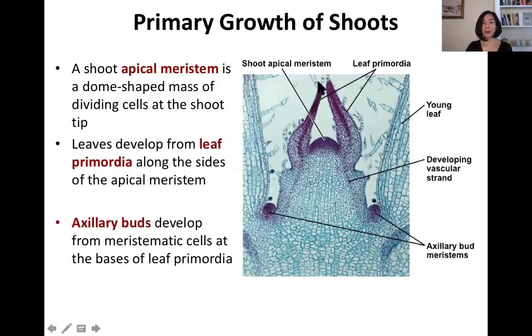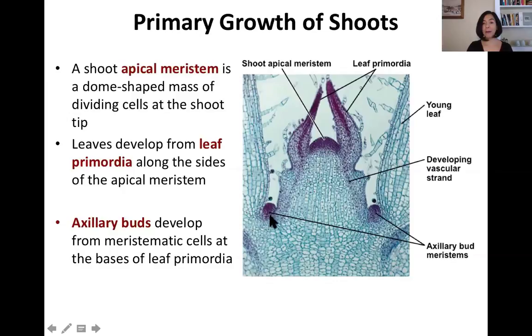These are baby leaves that, as time passes and this primordium or these meristems keep growing and elongating, and let's say now it's up here, these leaves will become these larger leaves that you could start seeing in here.